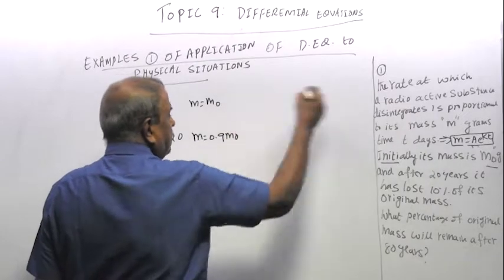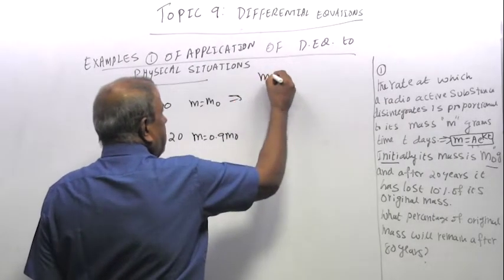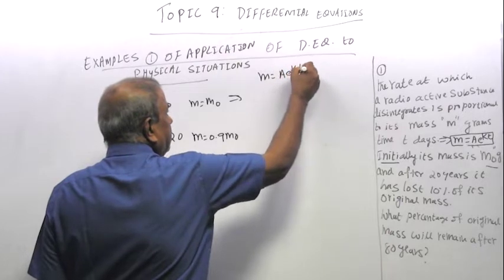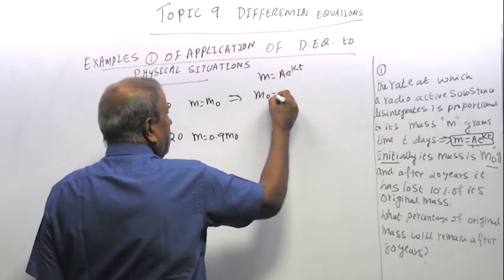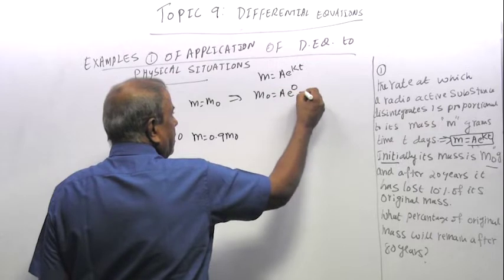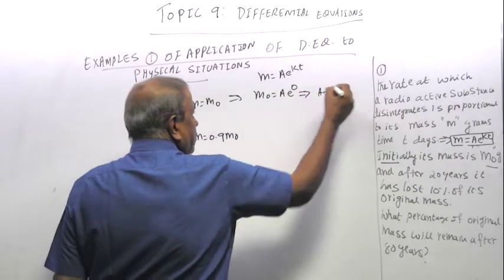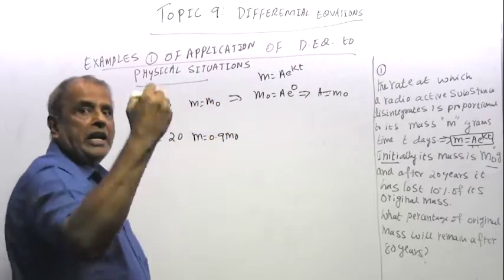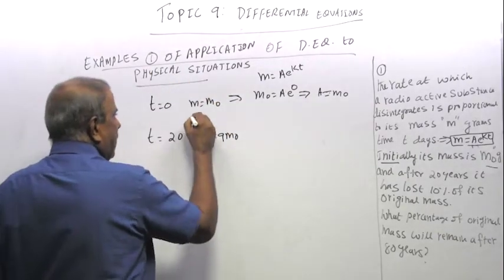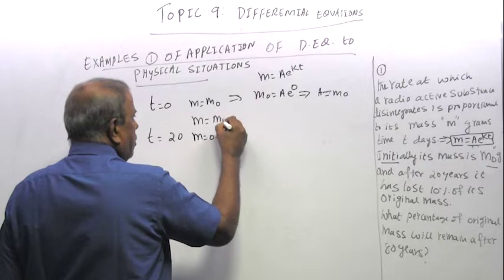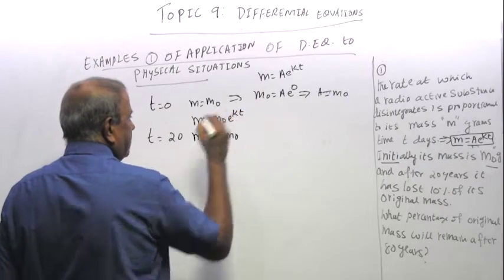If I substitute there, remember m equals a e power kt. So m naught equals a e power 0, which gives a equals m naught. As you find an unknown, put it into the equation. So m equals m naught e to the power kt.